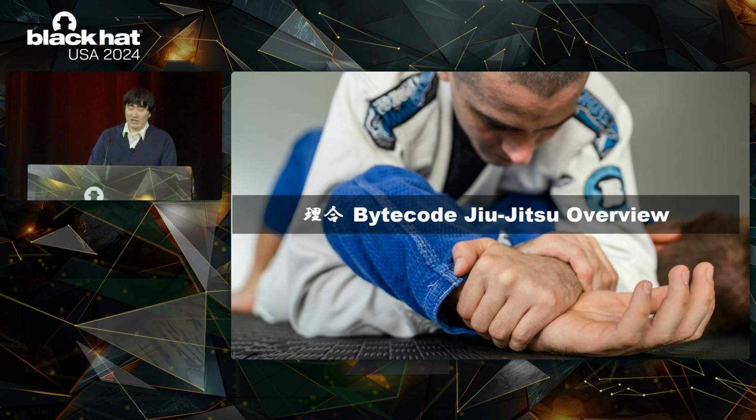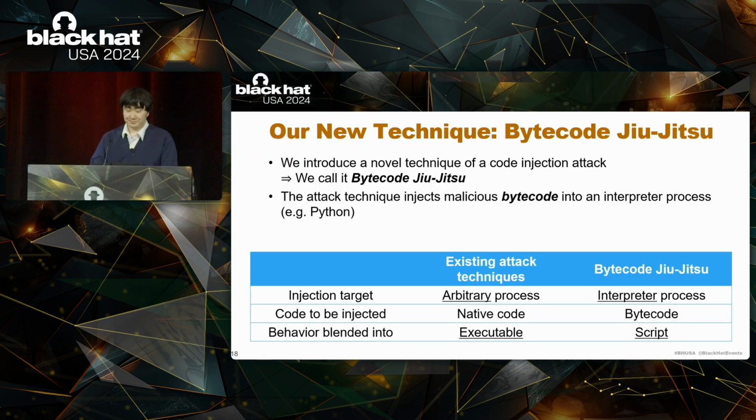Now we move on to our new technique, Bytecode Jiu-Jitsu. Bytecode Jiu-Jitsu is a novel code injection attack. It injects malicious bytecode into an interpreter process executing a benign script. Here is a comparison of existing attack techniques and our Bytecode Jiu-Jitsu.